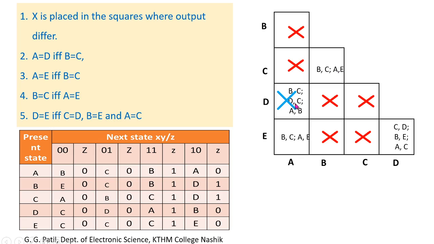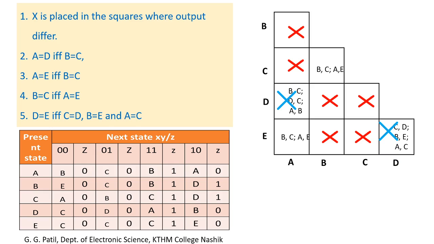So then the next implied pair is DC. Check the DC. Where is DC? Here, it gets crossed. So this gets crossed. Again, where is DC or CD? It is here. So that will also get crossed.